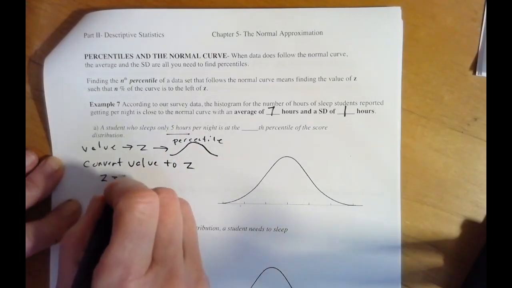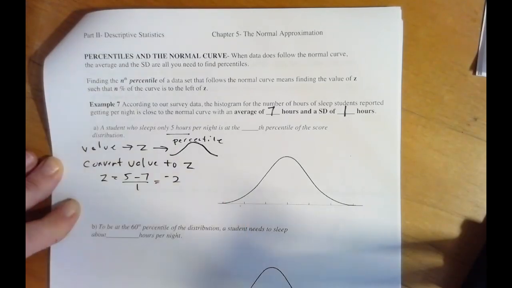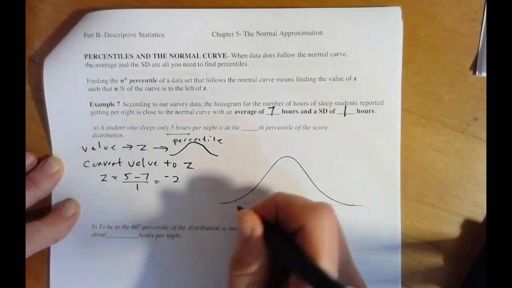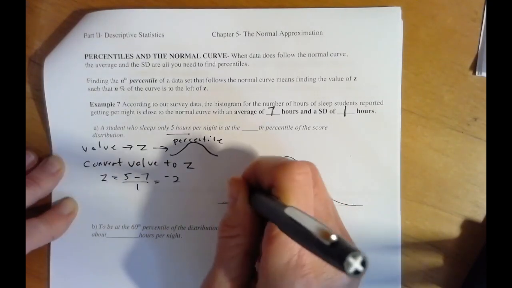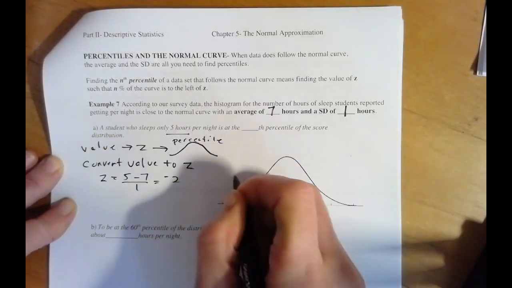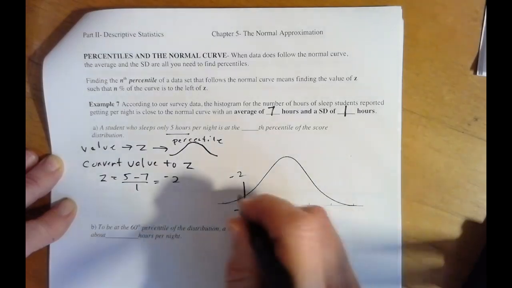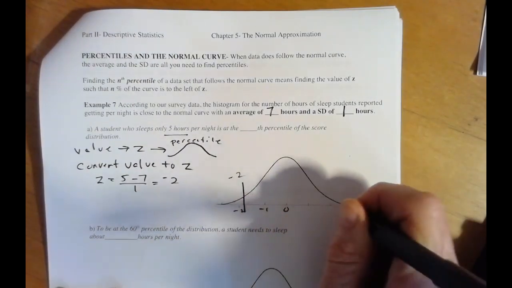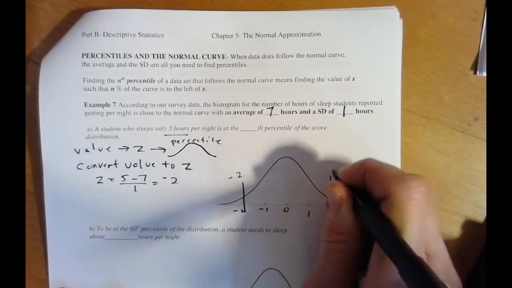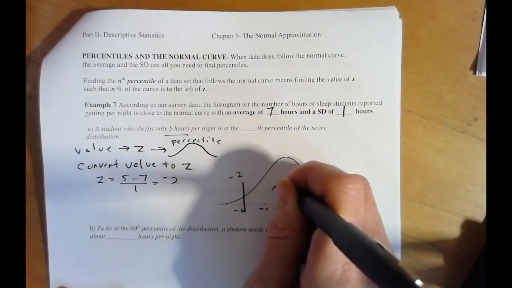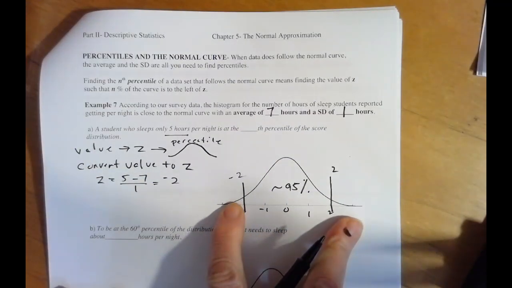So this is a super easy one. 5 hours minus 7 hours over 1, we have -2. So we're right here. Here's 0, -1, -2. So that is where 5 is. So now between -2 and +2, we know there's approximately 95% of the data, so that leaves 5% on the tails.